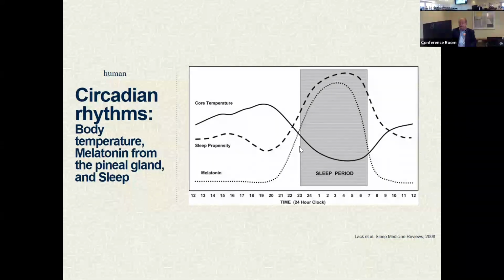But in general, sleep propensity increases when melatonin increases, but it's not a sleep and go. It's really a sleep period molecule. And core temperature is really when this period of sleep is initiated, is a fall in temperature. Notice that little dip there? That's what, 3 o'clock in the afternoon?